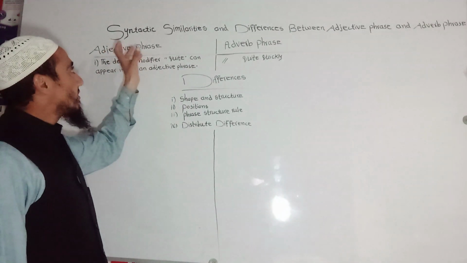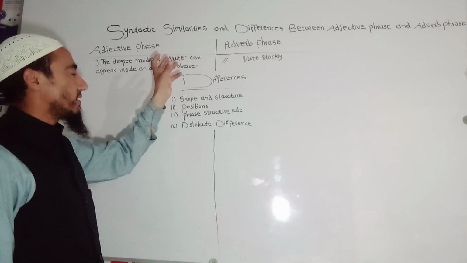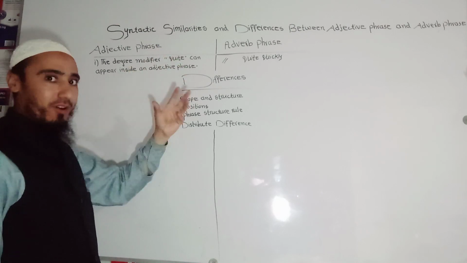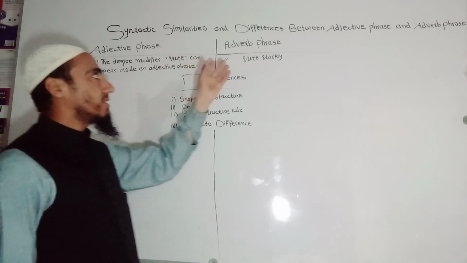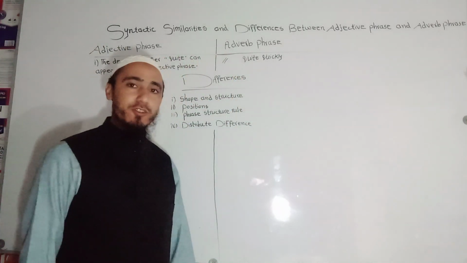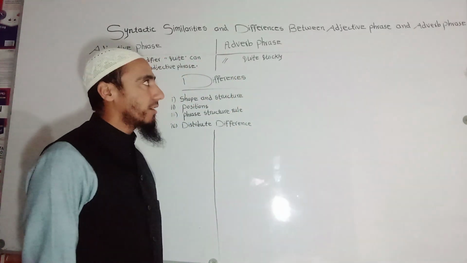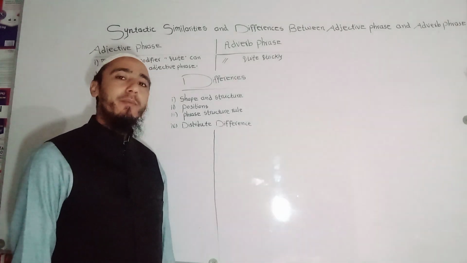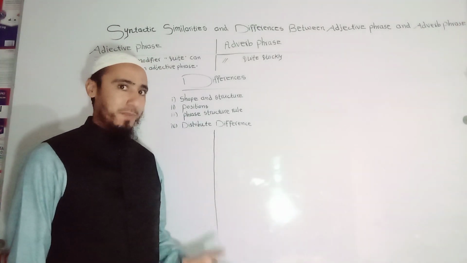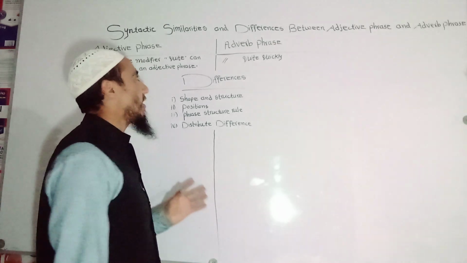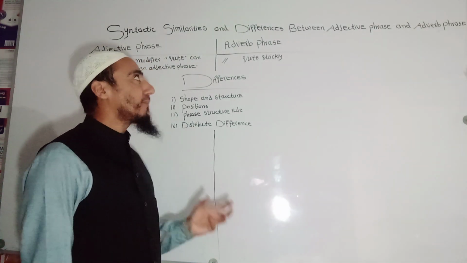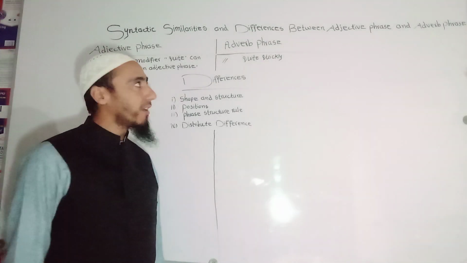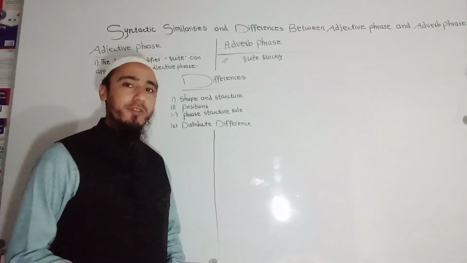What are the syntactic similarities and differences between adjective phrase and adverb phrase? I'm repeating: today we are going to talk about the syntactic similarities and differences between adjective phrase and adverb phrase.